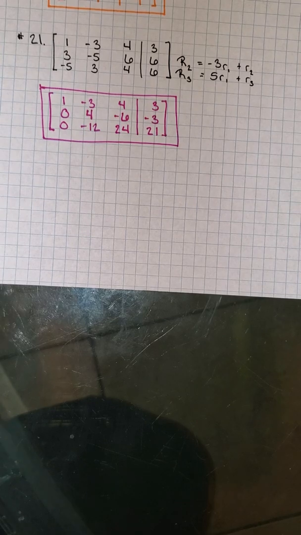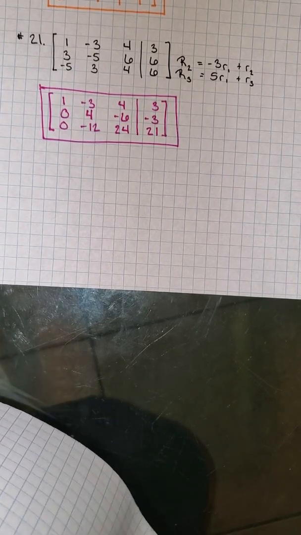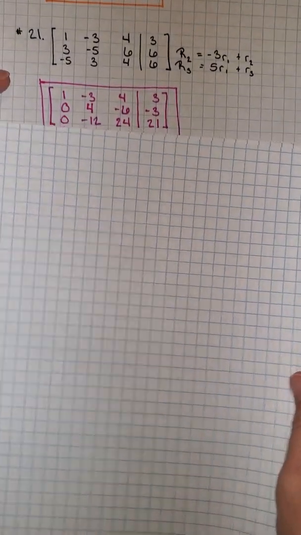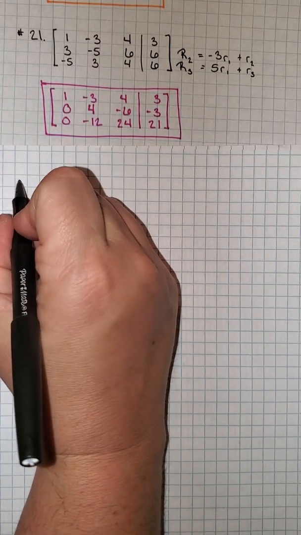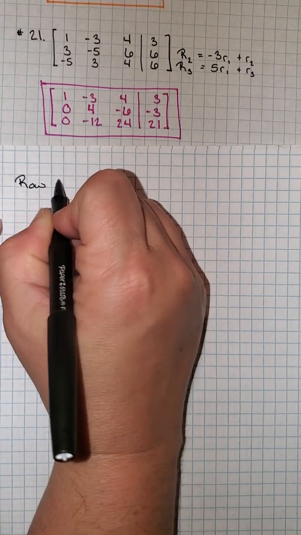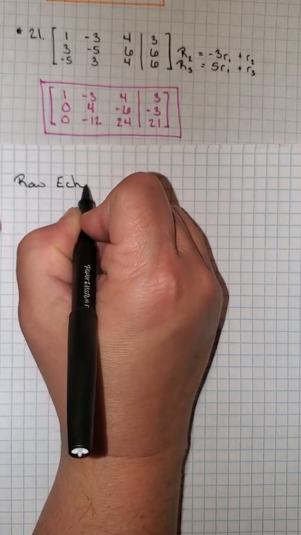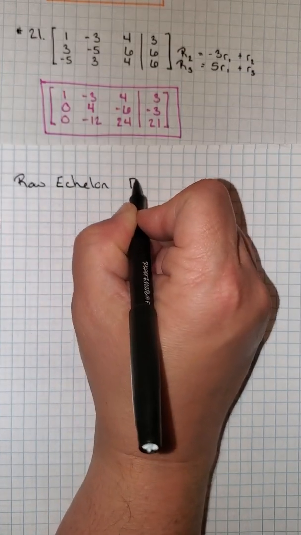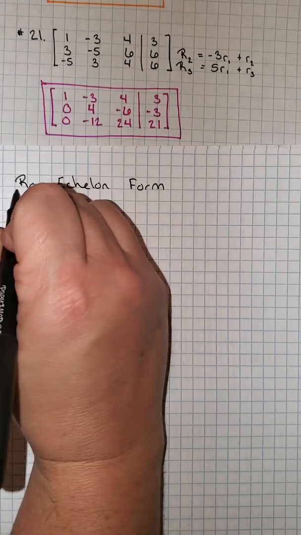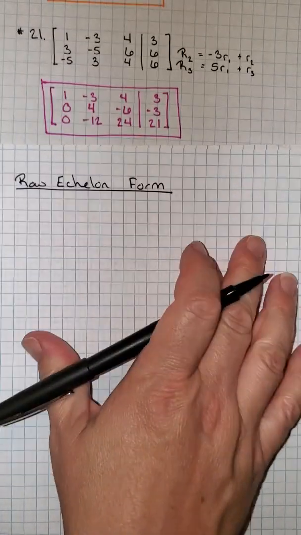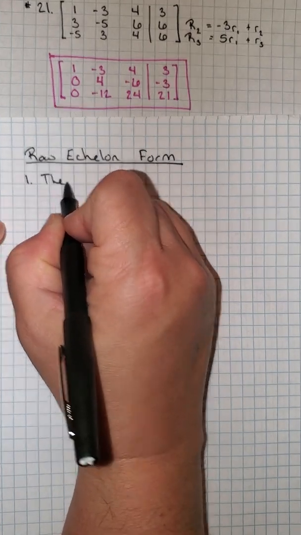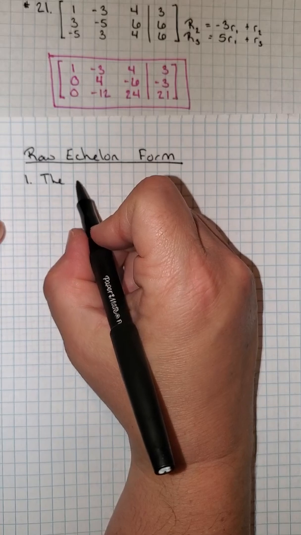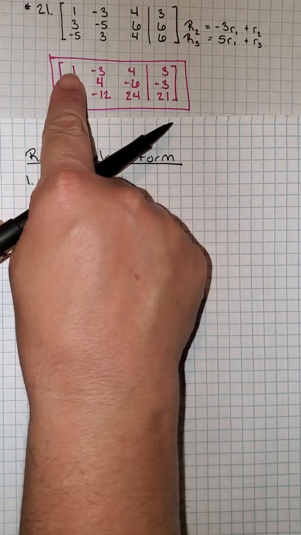All right, so let's talk about row echelon form first. And if you have a graphing calculator, it can help you with this as well. All right, so first of all, the entry in row 1, column 1 is a 1, just like this one was.